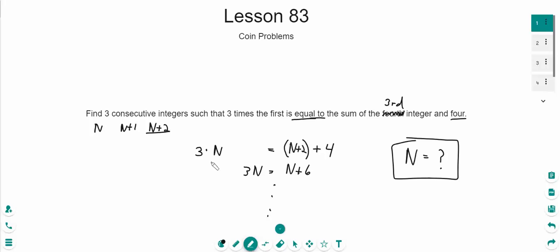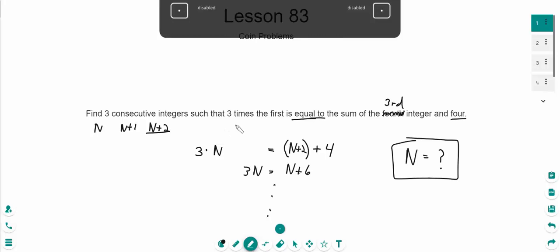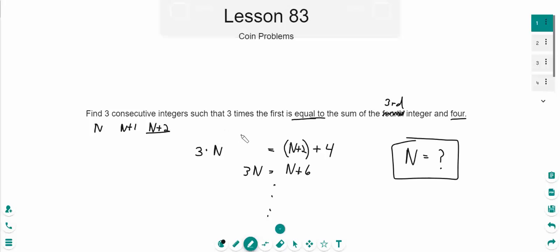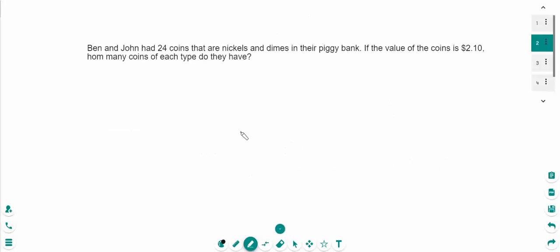All right? And so it makes it a little bit different to solve. We're going to have to use our substitution methods or our elimination methods or even our graphing methods to solve some of these newer story problems. So let's just go ahead and tackle one here and see how this works out.